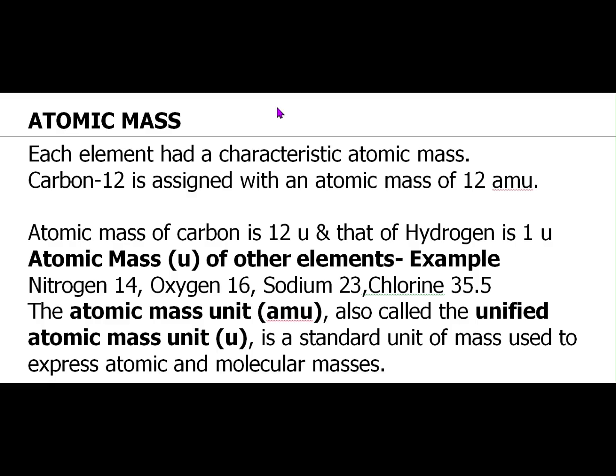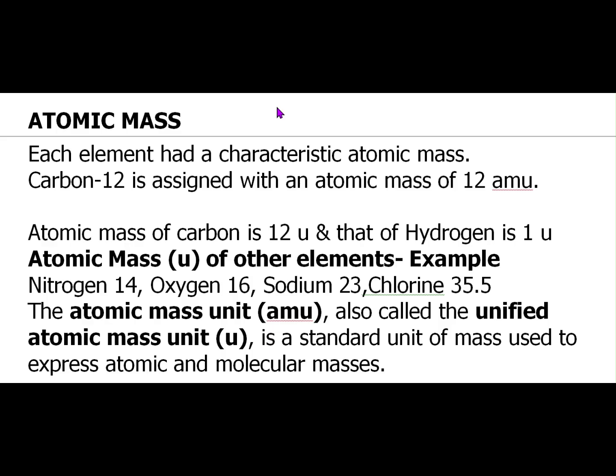Because carbon 12 has 6 protons and 6 neutrons, so they assign it as 12. Hydrogen contains 1 proton and 0 neutrons, so the total is 1 only. So the atomic mass of carbon is taken as the reference and that of hydrogen is 1 unit.